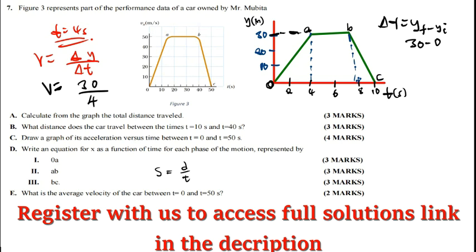Okay, I have it. So it is 30 divided by 4. I'm getting 7.5 meters per second. That is my velocity.